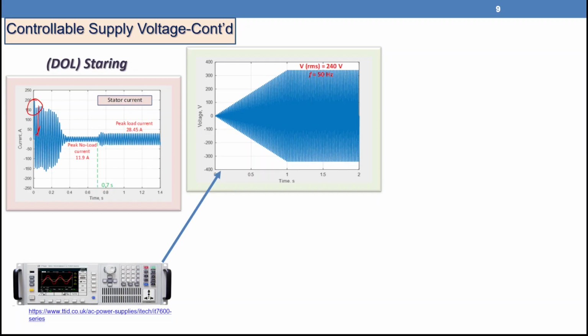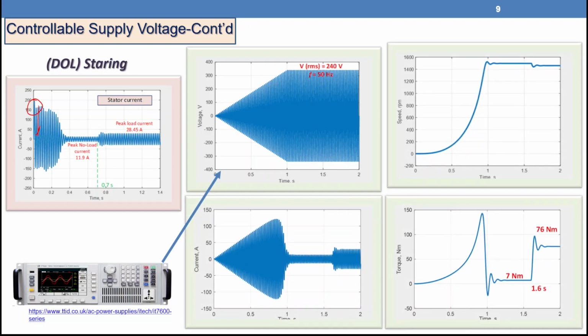In this case, the speed is going to increase gradually, as you can see, as the supply voltage is increasing from this point to this point for the full voltage. So the speed is going to take this pattern until we reach the steady state speed, which is 1500 RPM for this motor.